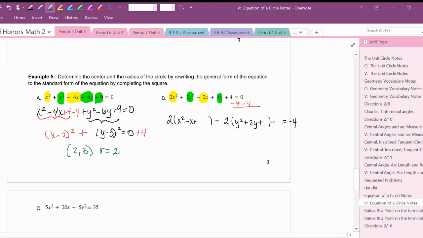I'll take half of 1, which is 1/2. So I'm adding 1/2 squared, but I'm really adding double that. So that would be 1/4 times 2, or 1/2.